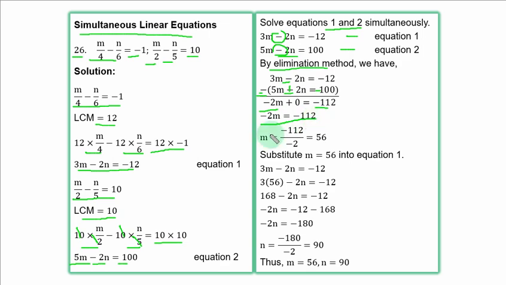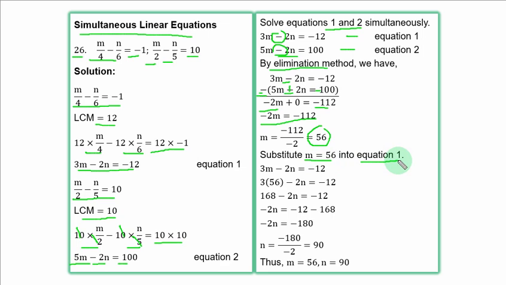To get m, divide both sides by minus 2, and m is equal to 56, because when you divide a negative number by another negative number, you have a positive result.